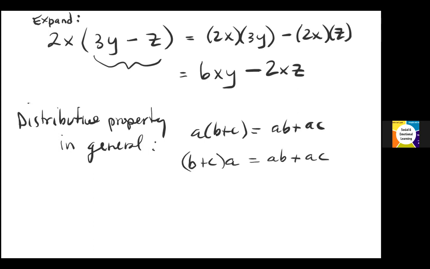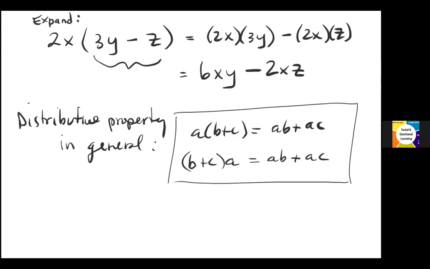So it doesn't matter because multiplication follows the commutative property. So the distributive property is just a way that we do multiplication when we have brackets. Okay.